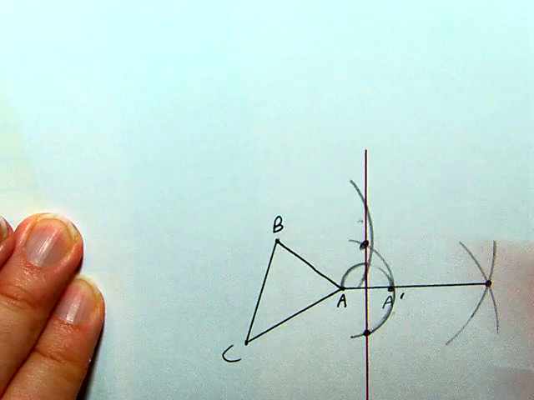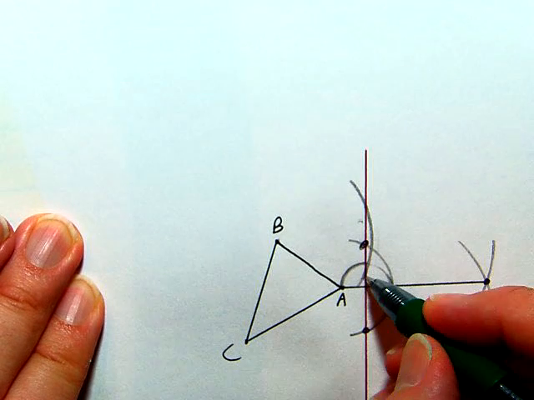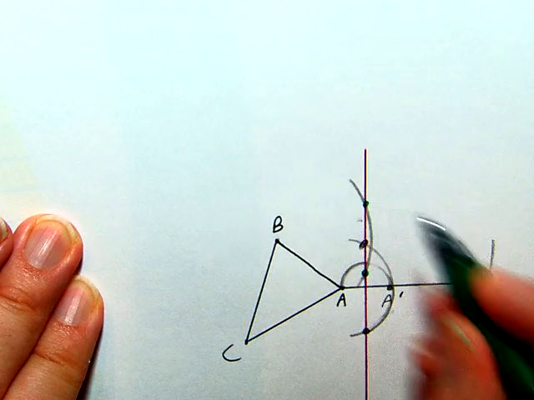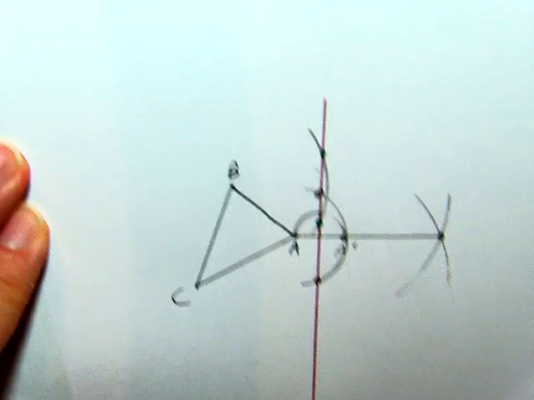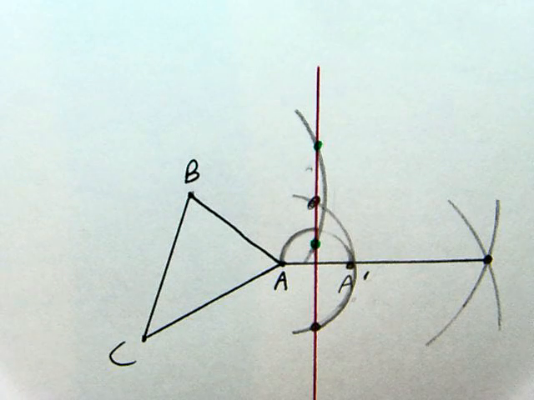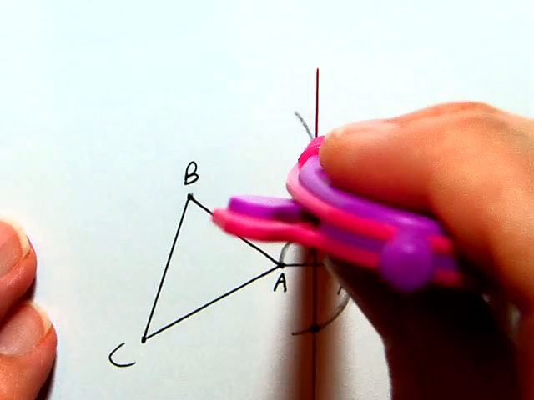So now maybe I'll draw these intersection points in green. One point was over here. That one point was over here. Okay, so those are now my two intersection points from the arc around B. I'm now going to place my compass in each of those points.